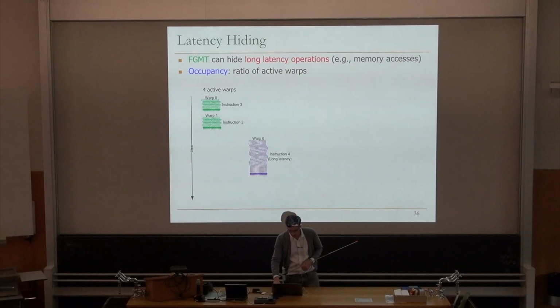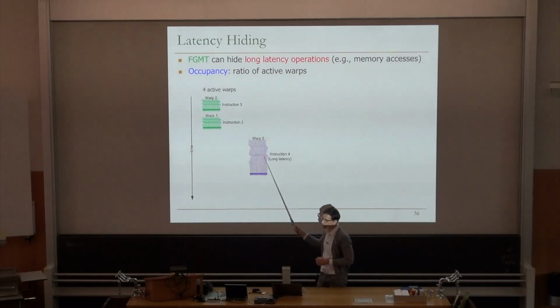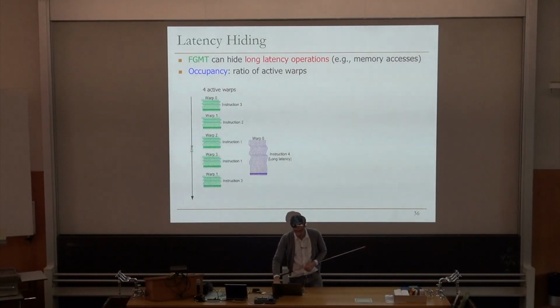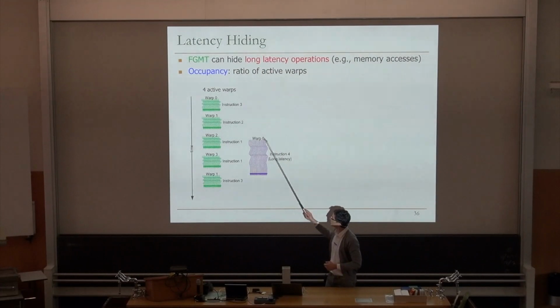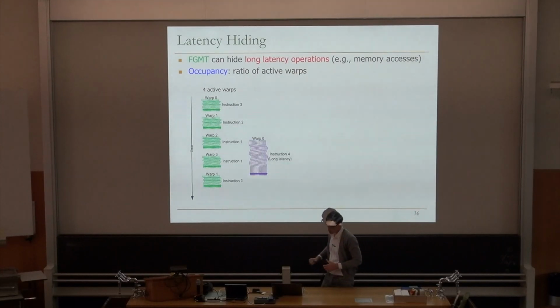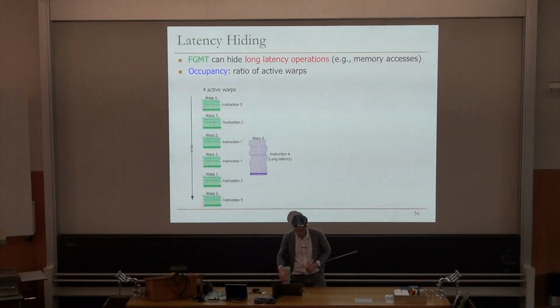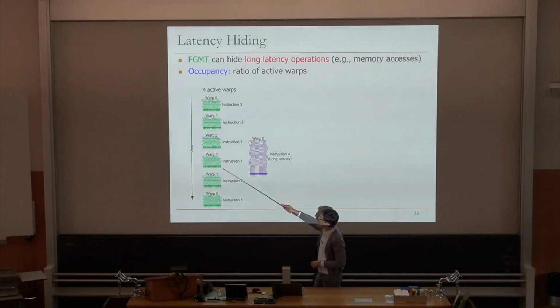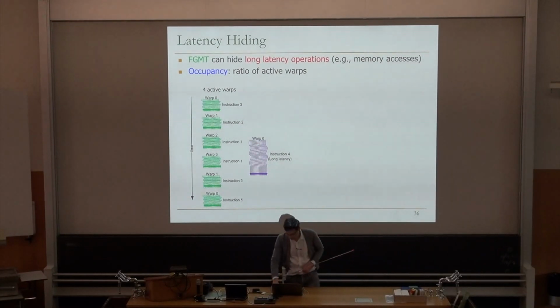What can we do in the meantime? Because this is going to use the load unit and then go to the memory controller and access memory. In the meantime, the way that we can hide this long latency operation is by issuing instructions that belong to different warps, right? It's a very simple example here, but at least it should be good to illustrate how we overlap the execution on arithmetic units with the execution of memory accesses.